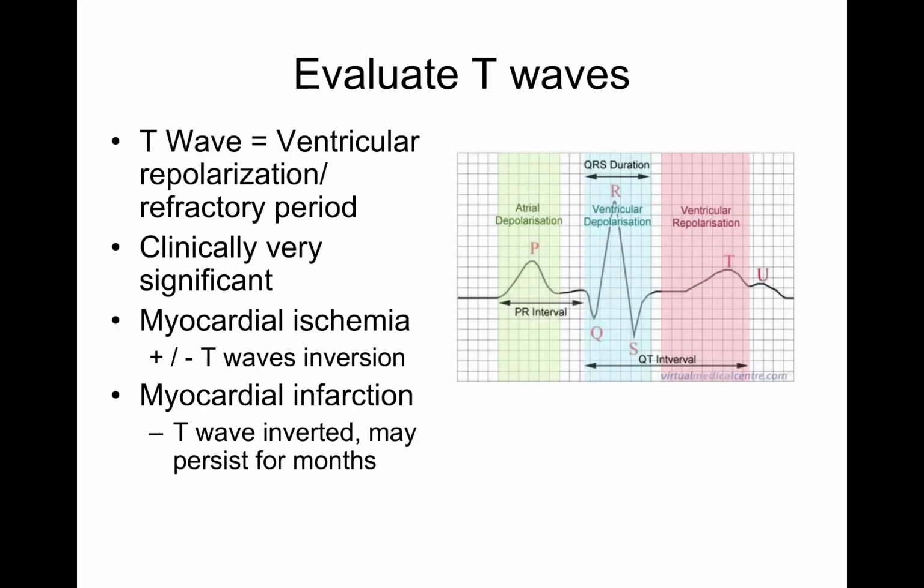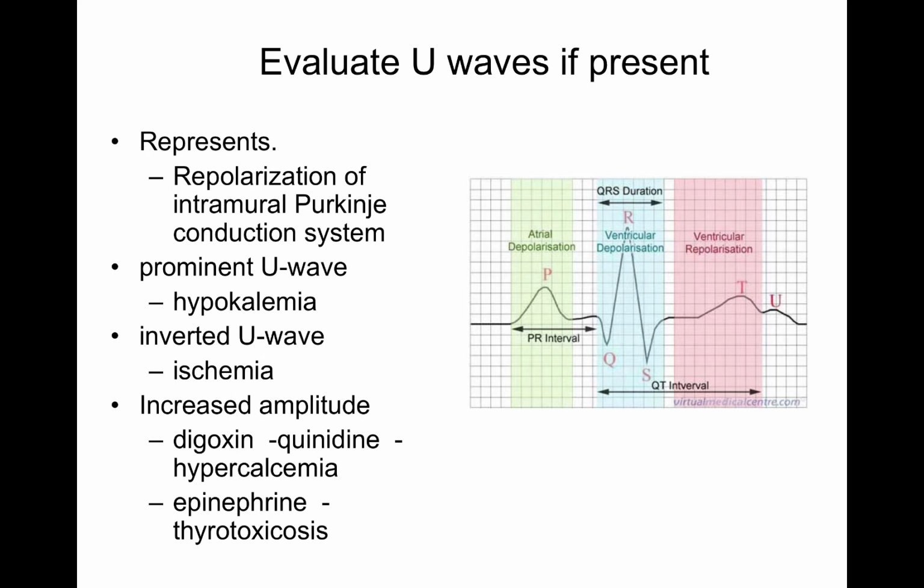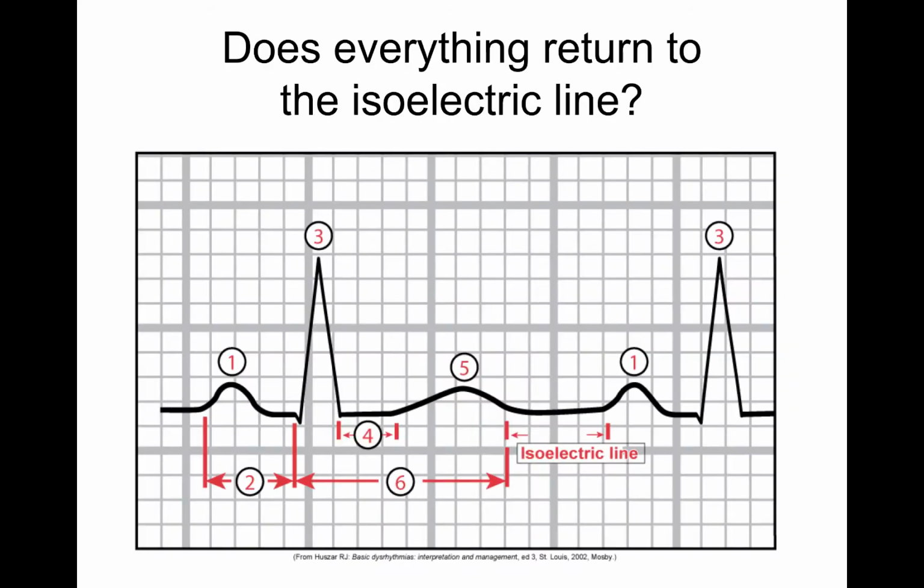I'm going to talk more in detail as we get through. Like I said, T waves can be indicative of hyperkalemia and hypokalemia. U waves can also be a sign of hypokalemia, but also can be indicative of hypothermia that we look for.